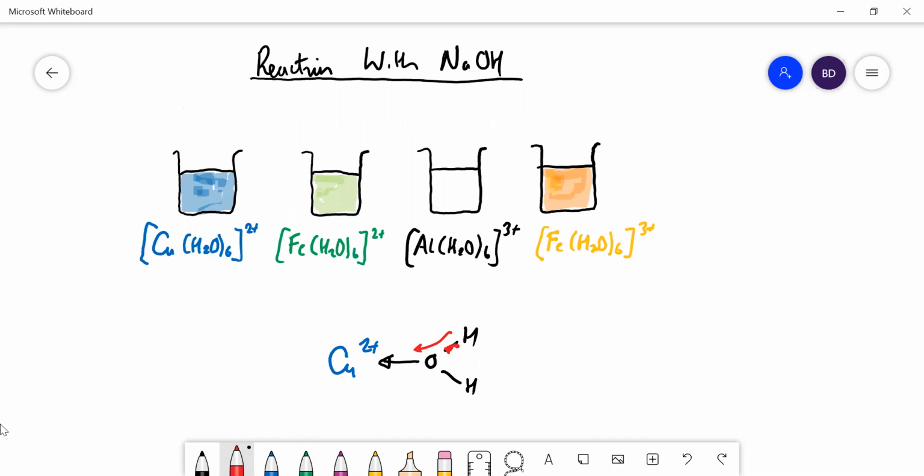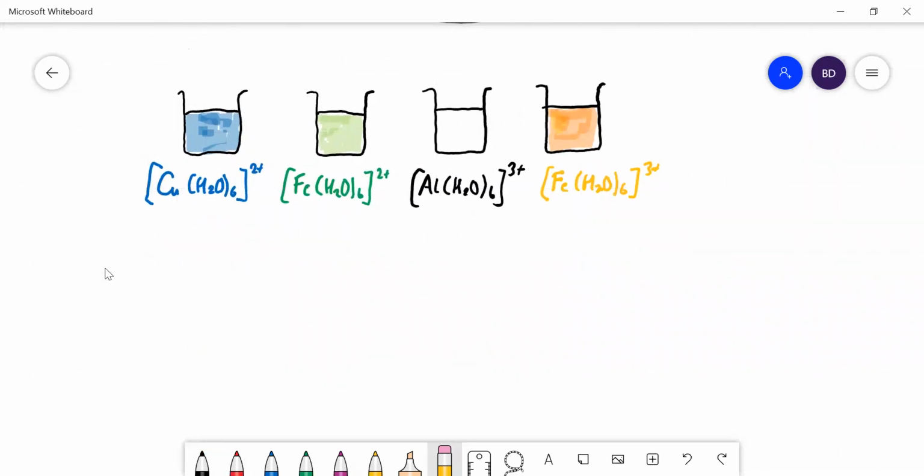Now, if they're acids, that means they're going to react with bases, and we're going to see how they react with sodium hydroxide. They all react in quite a similar way, but I'm going to use copper as an example. If you add some sodium hydroxide to copper hexaqua ions, so a copper sulfate solution, you will remove 2 protons.